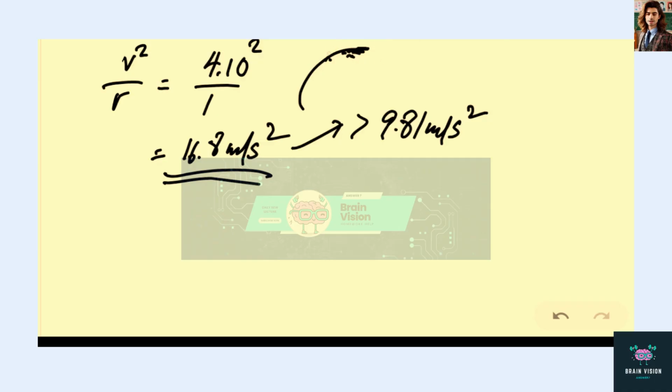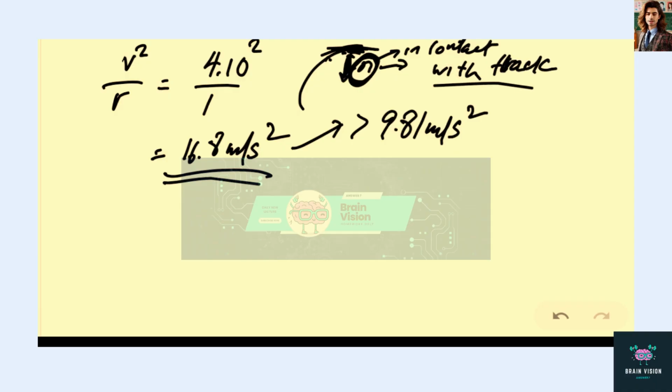So what happens is that it needs the track to provide some normal force as the centripetal force, right, to keep it in circular motion. And because there's a normal force, it means that our block is actually in contact with the track, and therefore the block will stay on the track.